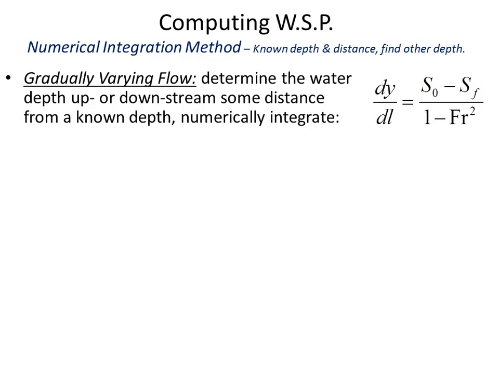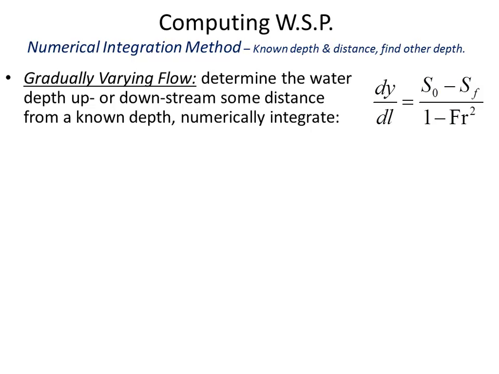So what the numerical integration method does is it says, well, let's try and approximate this curve as a line, but we're not going to make it a very, very long distance. If we just go over a short distance, then we'll probably get okay results. And to improve things even further, rather than extrapolating the water surface curve at the beginning or the end, let's do it at the midpoint.